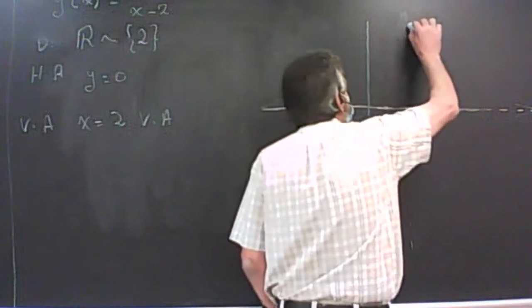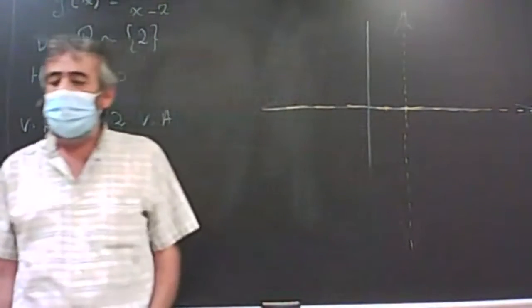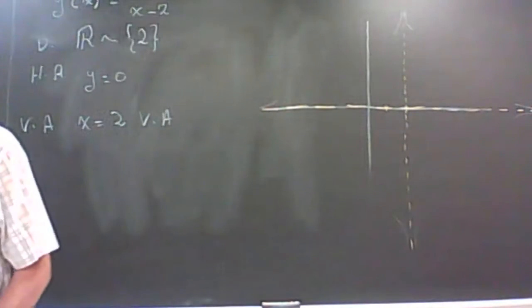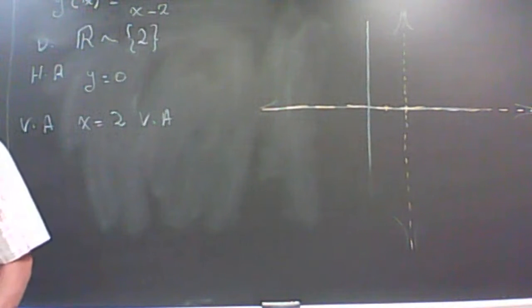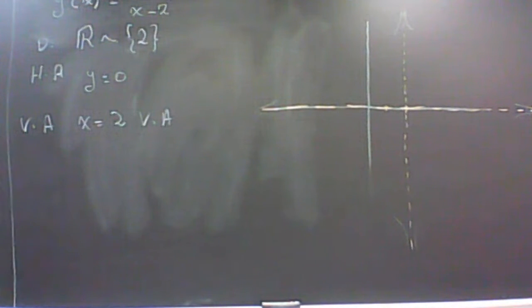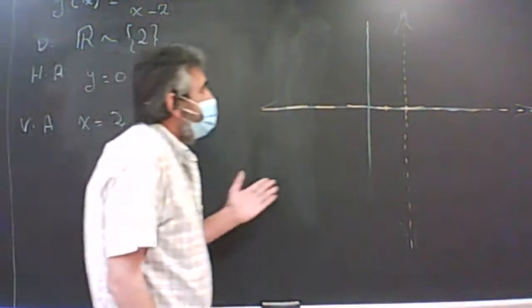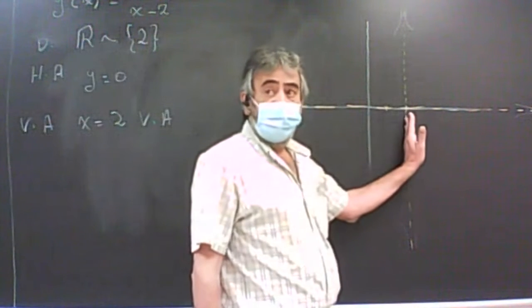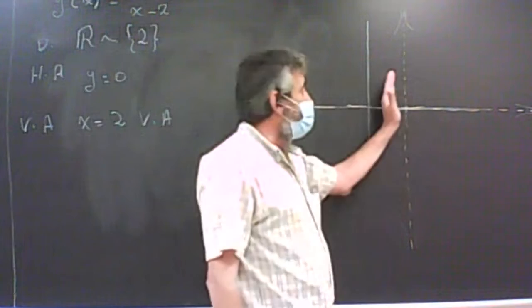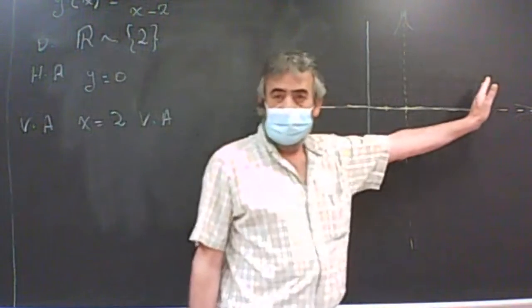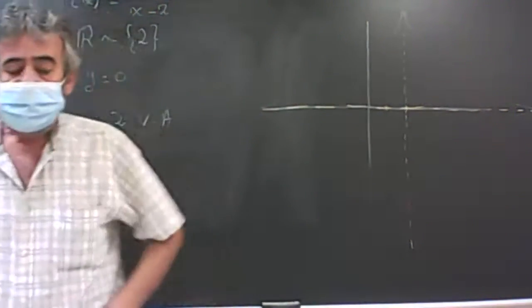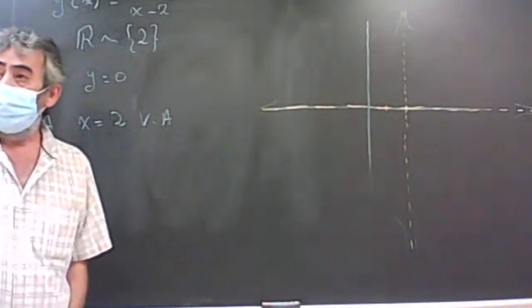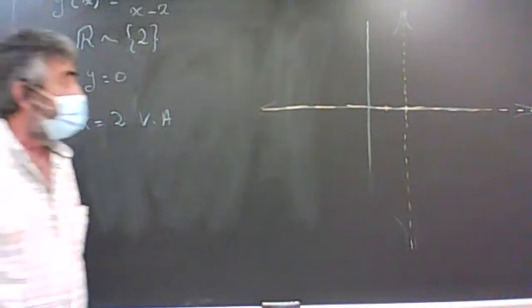So let's go ahead and determine which one of each scenario we have. Well, we said this line divides the graph into two portions. One on the left, one on the right. Correct?